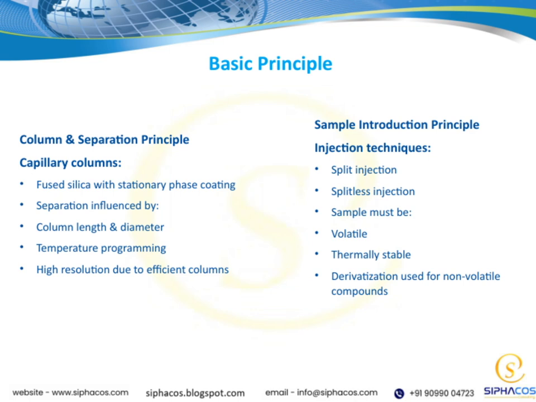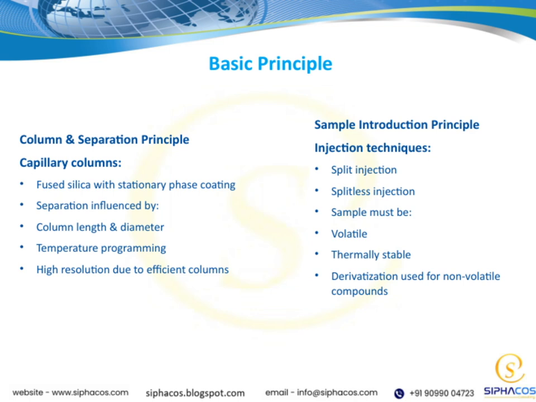Now, the samples themselves need to meet certain criteria. They should be volatile, meaning they vaporize easily, and thermally stable so they won't decompose at high temperatures. For compounds that aren't naturally volatile, we often use derivatization to modify them and make them suitable for analysis.